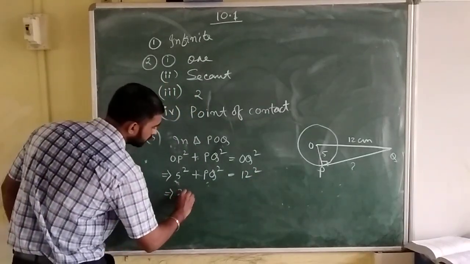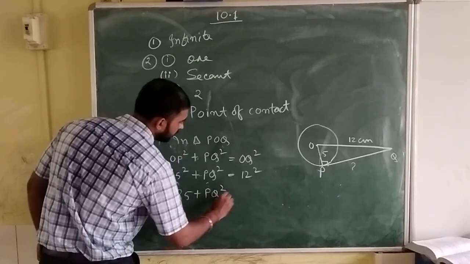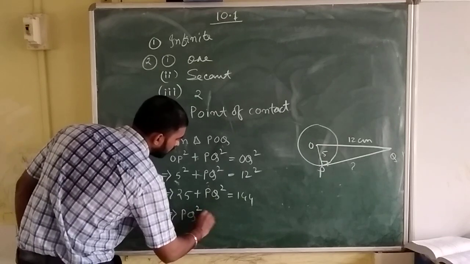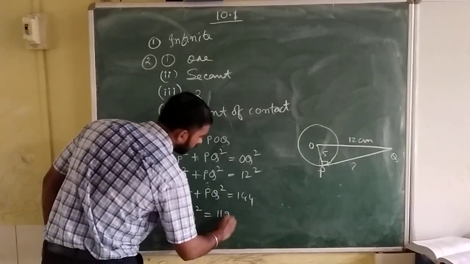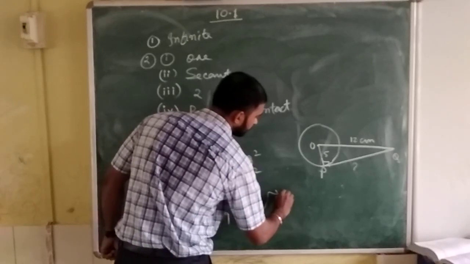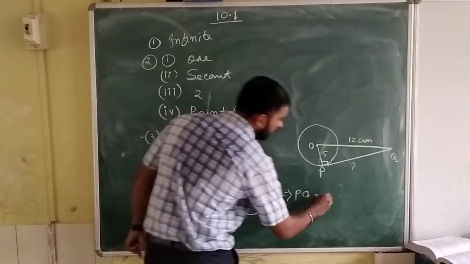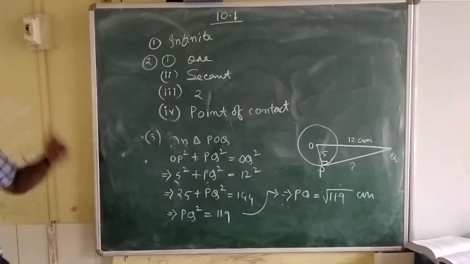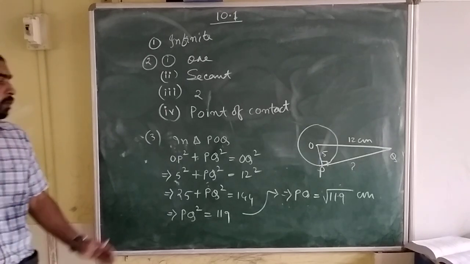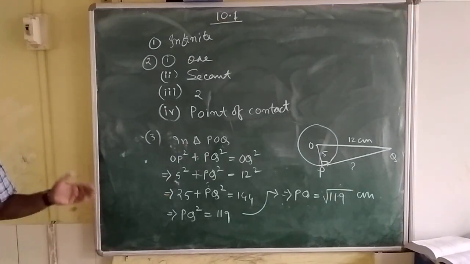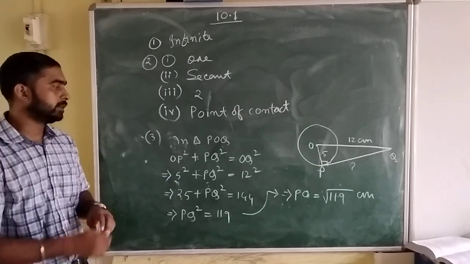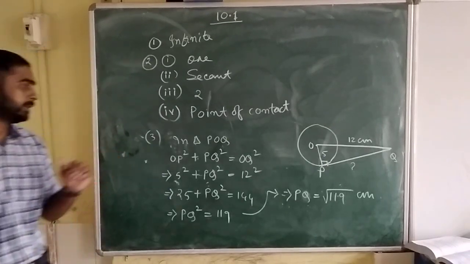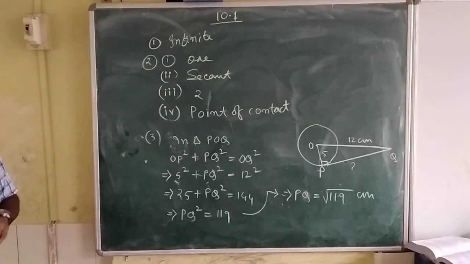So 25 plus PQ squared equals 144, which implies PQ squared equals 144 minus 25, that is 119. So PQ equals root 119, and the unit is centimeter. So the length of the tangent PQ is root 119 centimeters.